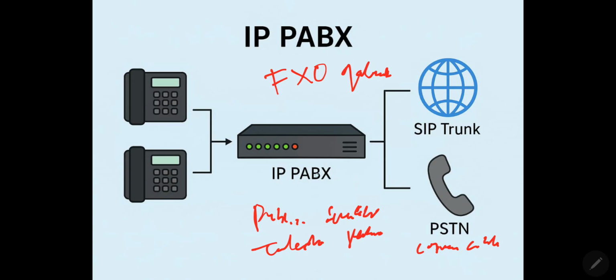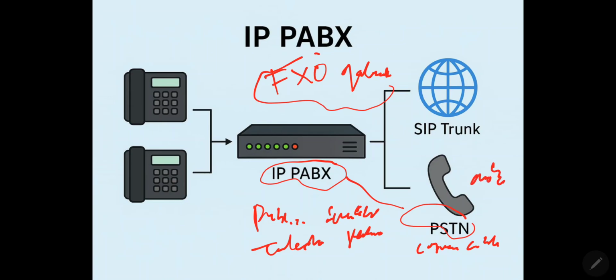If you need a connection between this IP PABX and PSTN, you need an FXO gateway, because they have different signals. PSTN is analog and IP PABX is digital. So to make PSTN become digital, you need an FXO gateway as a converter.